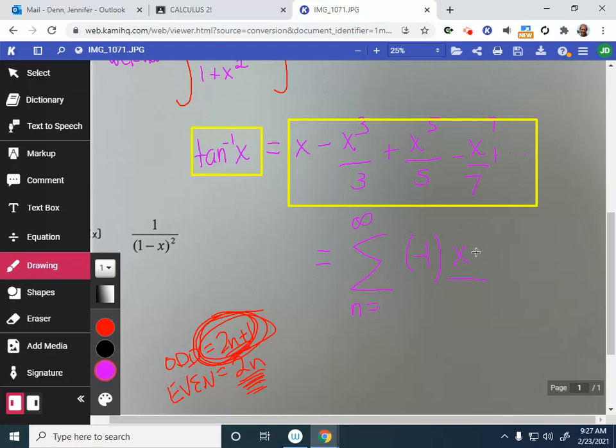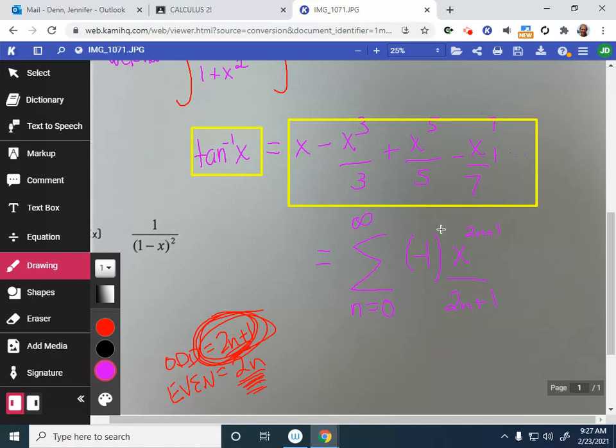So my power of x is going to be 2n plus 1. And the denominator is going to match the power of x. I'm going to start with n being 0. Because n being 0 will make this be x to the 1st over 1, which is what my first term is.